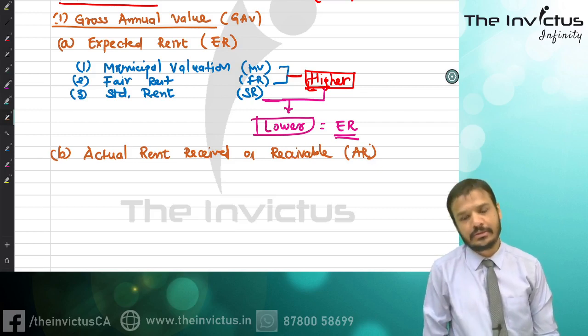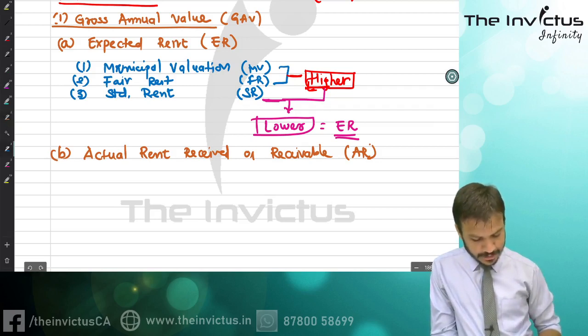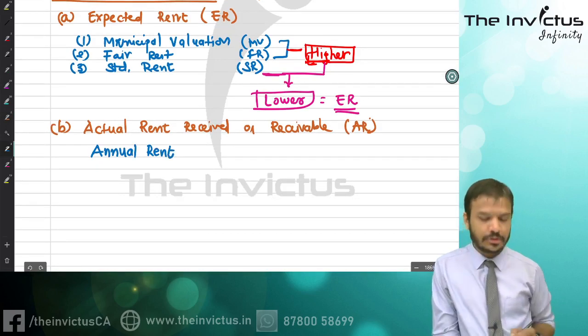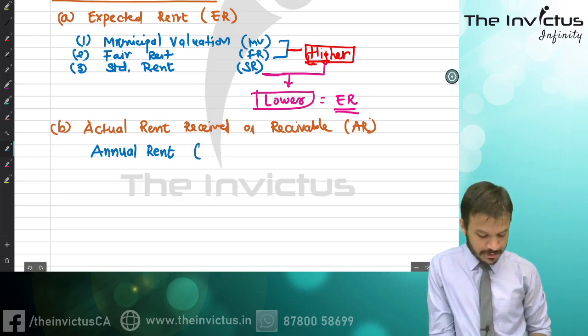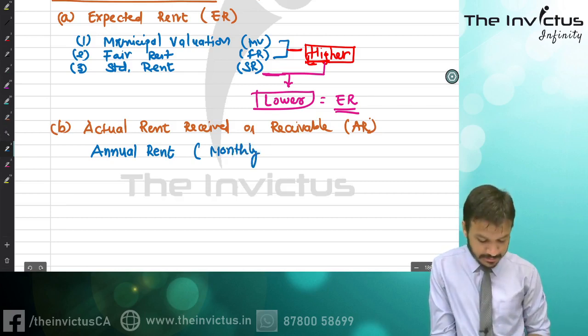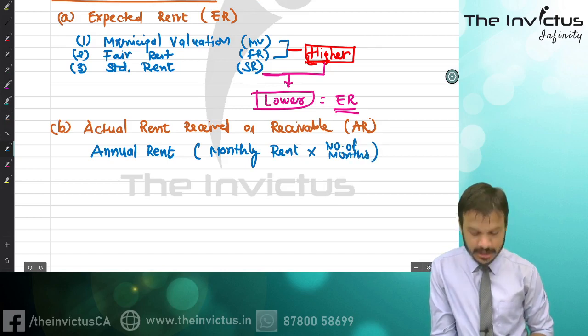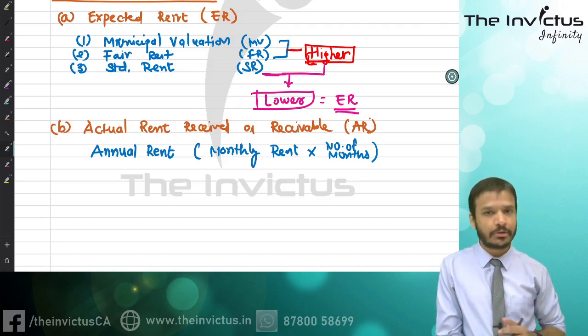For this purpose, I need to compute the annual rent, what is the rental income during the previous year. Generally, how can we compute it? If a monthly rent is given, it is the monthly rent into the number of months. Currently we are assuming that the property is let out for the entire year. Vacancy period we will discuss later on.